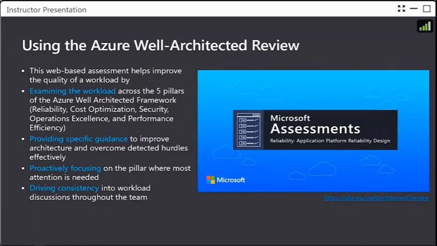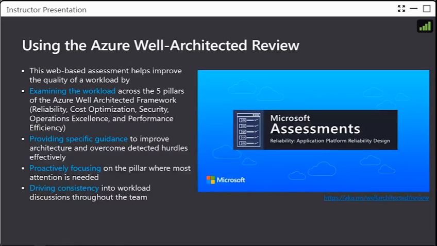So the Well-Architected Review. Utilizing the Microsoft Azure Well-Architected Review, it is basically an assessment tool. It's a web-based assessment tool that we have built to help you evaluate the quality of your workloads across the 5 pillars that we've identified from the Azure Well-Architected Framework.